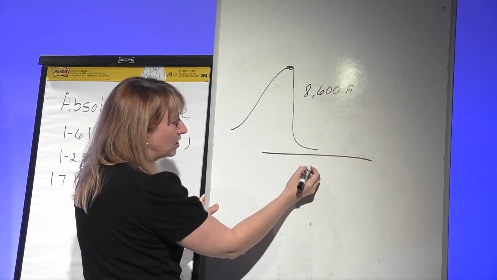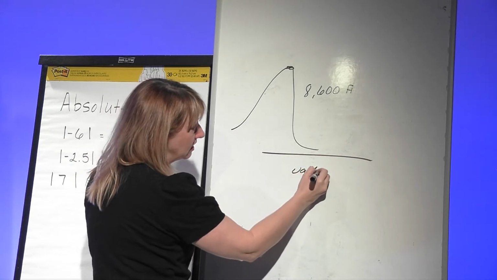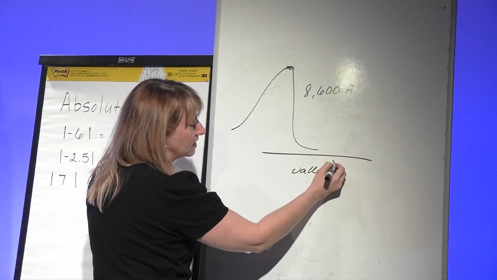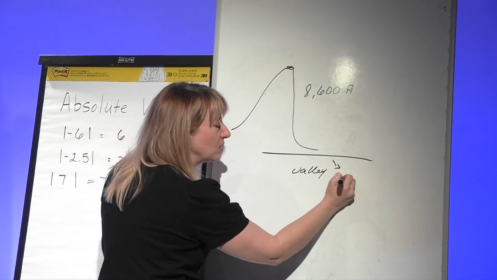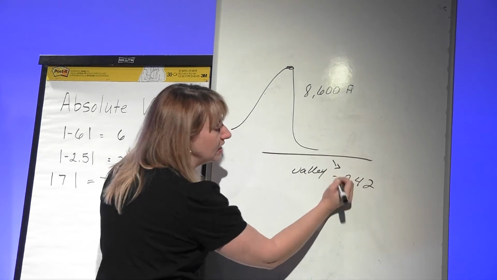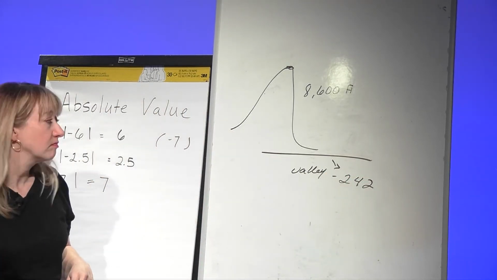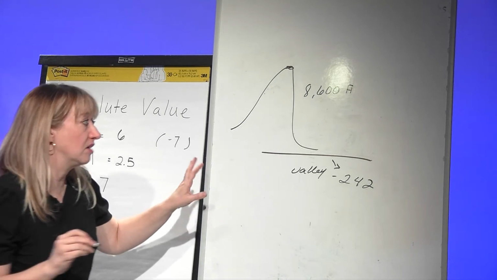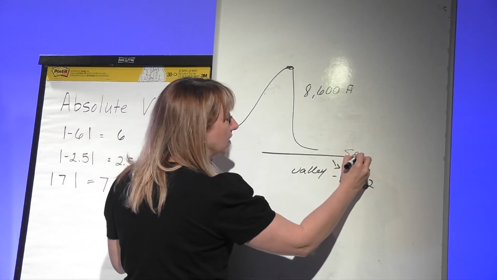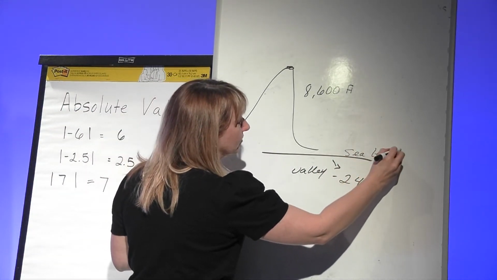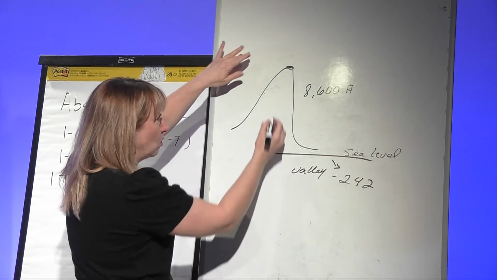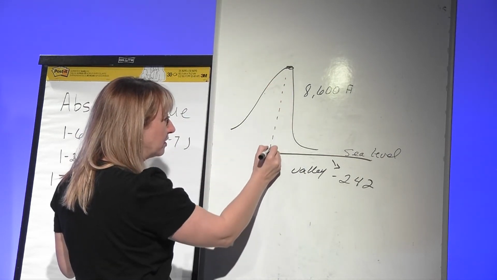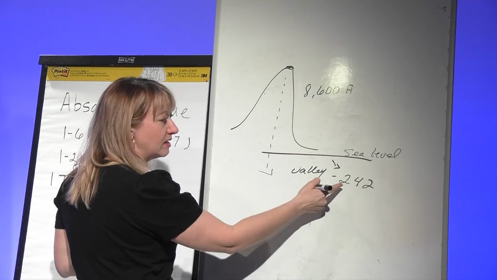And now we're talking about a valley that goes down. So that's going to be 242. But remember, it is below sea level. So this line here is sea level. We want to find the difference. So what is the difference from the top to this -242?